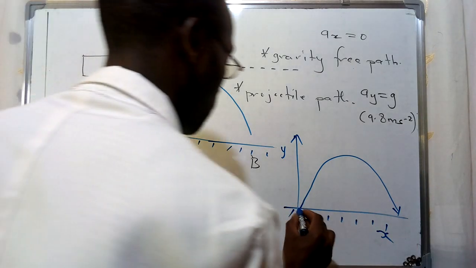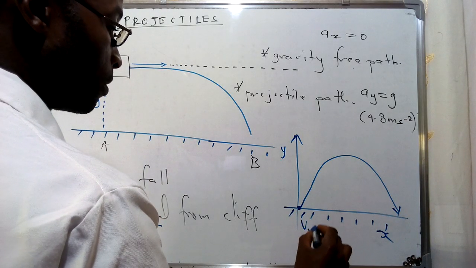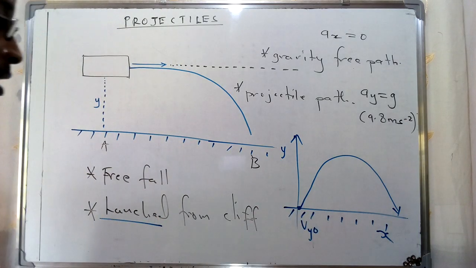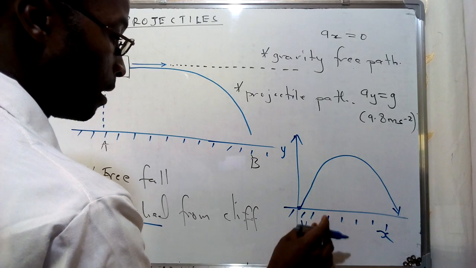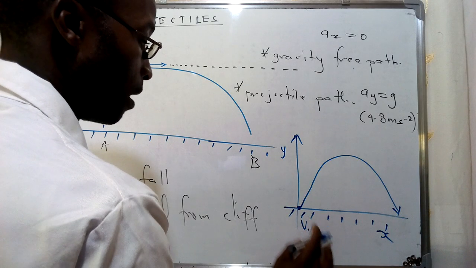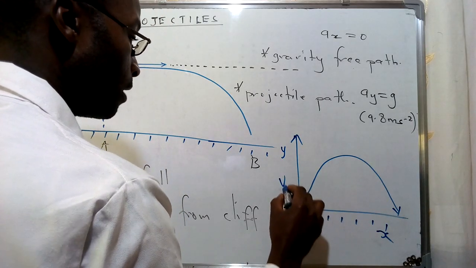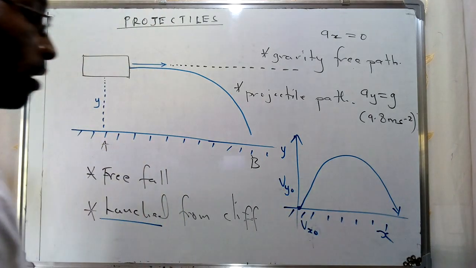So at this specific point, we shall have its initial velocity component given in terms of y naught, and of course the velocity component along the x axis given in terms of x naught, and the velocity component along the y axis given in terms of y naught, given as such.